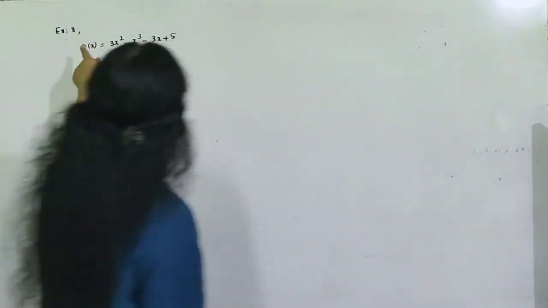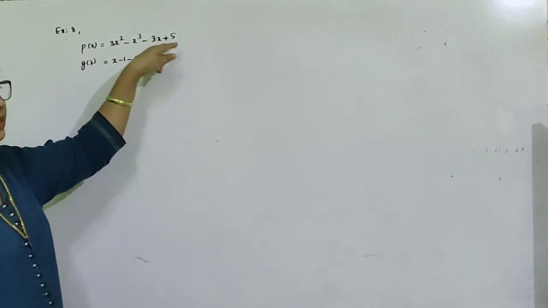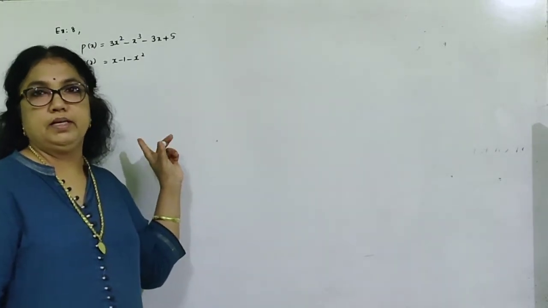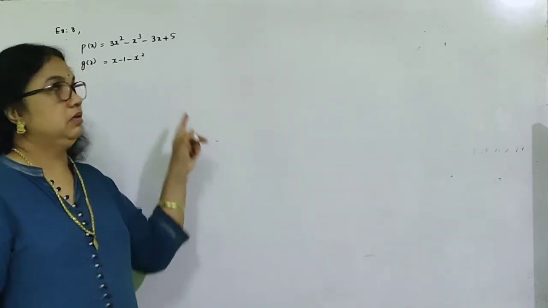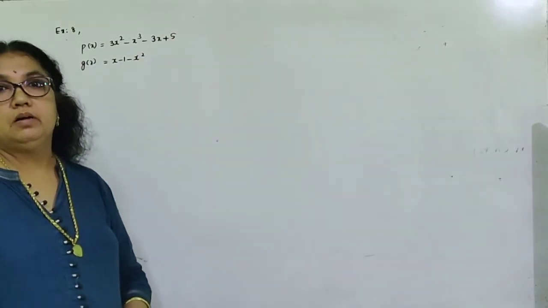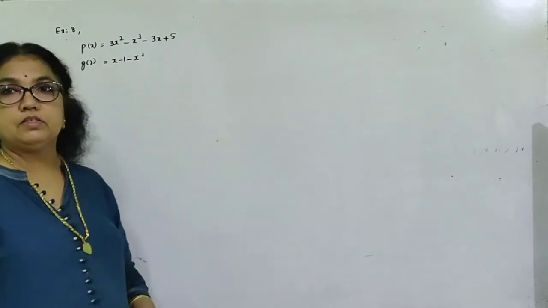So the question is: p of x equals 3x square minus x cube minus 3x plus 5. Look, this polynomial is not in the standard form, it has x square first, then x cube, then x. So first, you have to write it in the standard form. The divisor also, the same way.